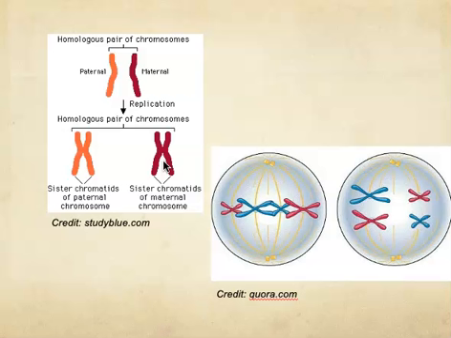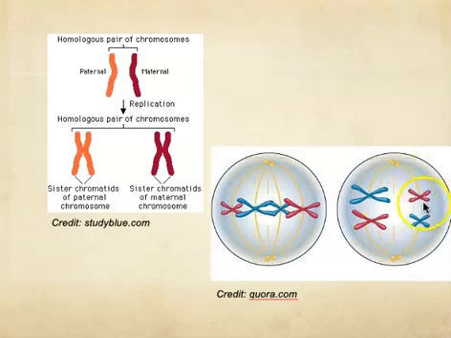Well, remember, during metaphase 1, we don't see chromosomes lining up head to tail. We see them lining up side by side. So this is what the parent cell would look like during metaphase 1 of meiosis 1. The homologous pairs of replicated chromosomes are lined up side by side.